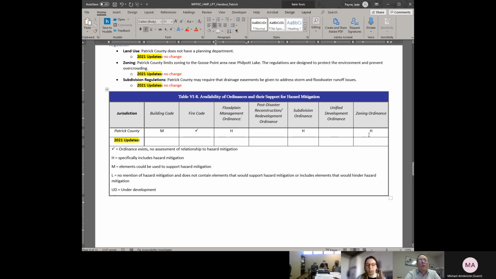So if you want to take a look at those categories, see if you have any changes here, if you specifically address hazard mitigation now in any of these. I don't think there's any changes to it.